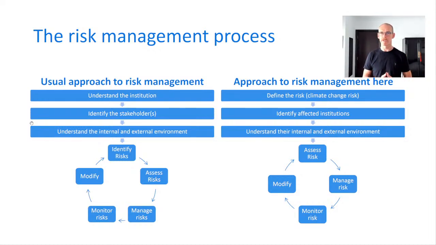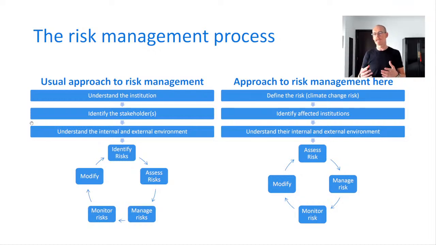kind of actuarial control cycle. Now, when we're looking at climate change risk, the process that we'd be considering would be slightly different, because what we're starting with is climate change risk. We're actually starting with defining the risk and trying to work out what exactly this risk is. And then we're trying to see, well, which institutions are affected by climate change risk. So which ones could we help?